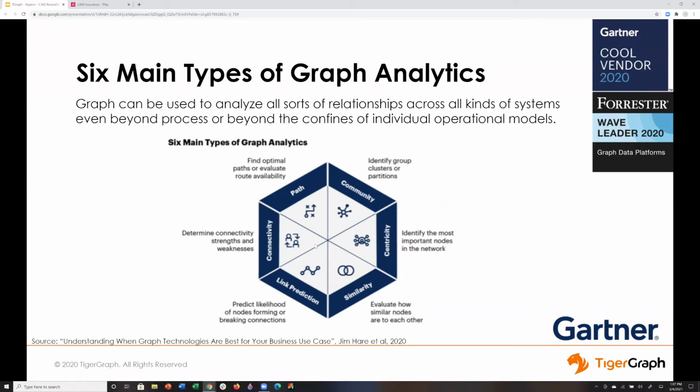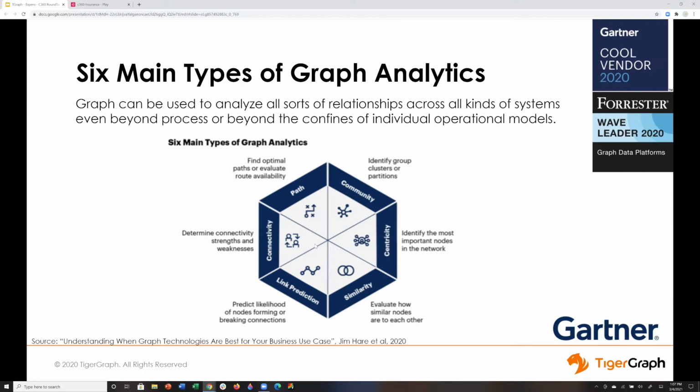And centricity identifies the most important nodes, which is related to community, right? And then finally, as we work our way around, we look at similarity. Do two members have similar outcomes, even if they have a lot of similarity? But then we have link prediction, and how the likelihood of nodes forming or breaking connections is very powerful.